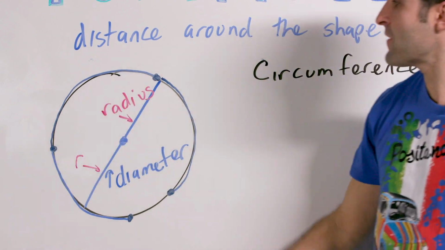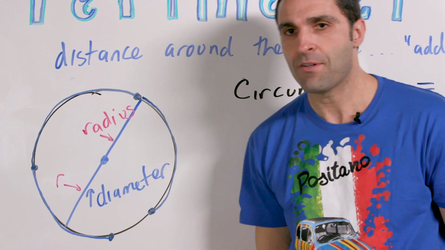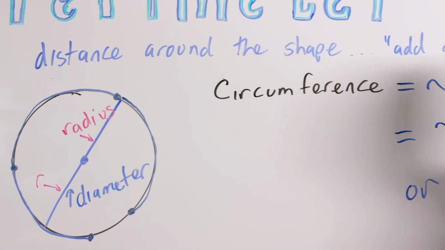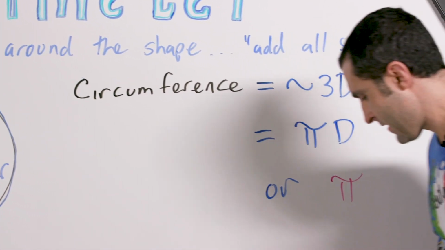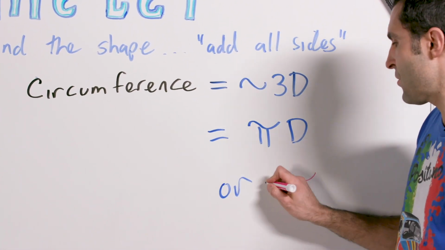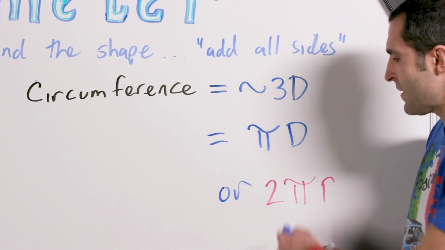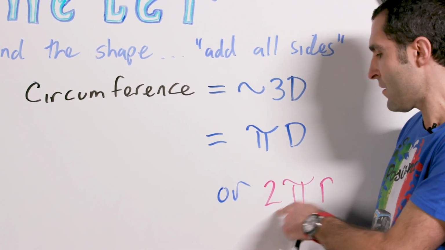So it's safe to say that there are 2 radii in one full diameter. They're equivalent, so I can bring my pi down. And if I split the diameter into 2 radii, they put the numbers in front, these coefficients they're called, out in front.